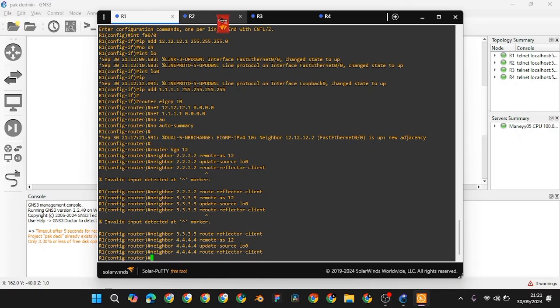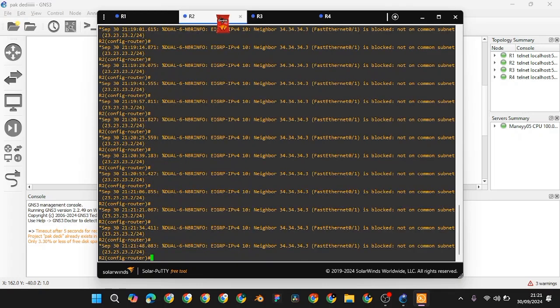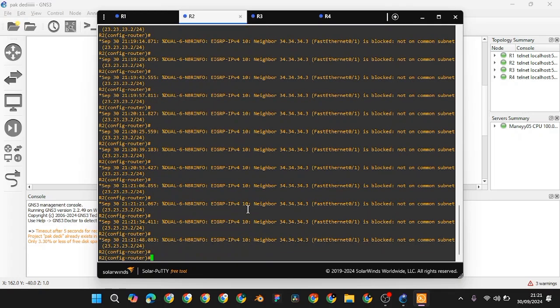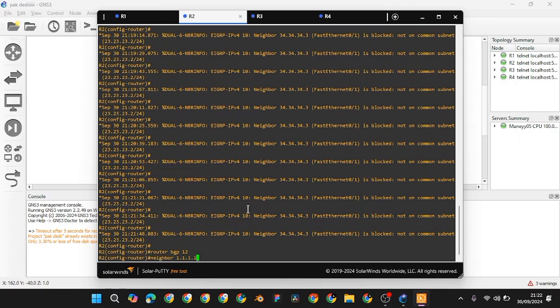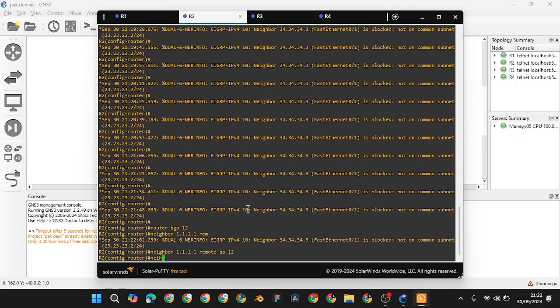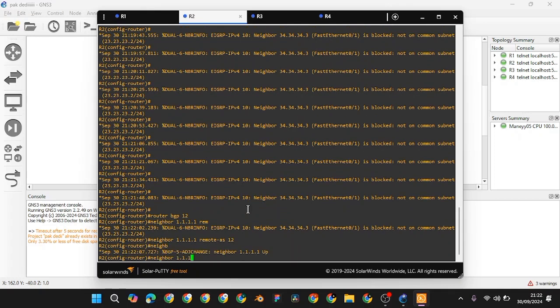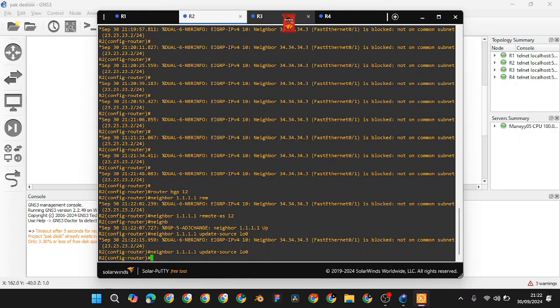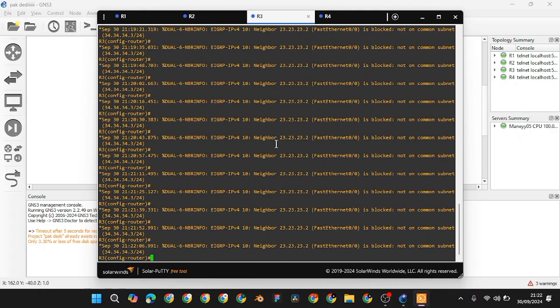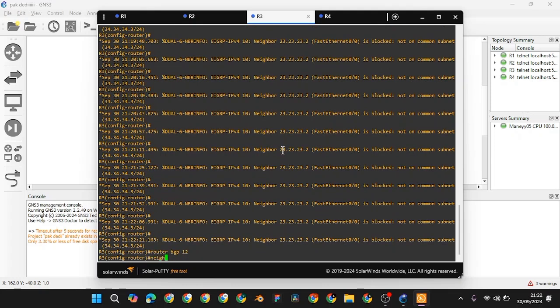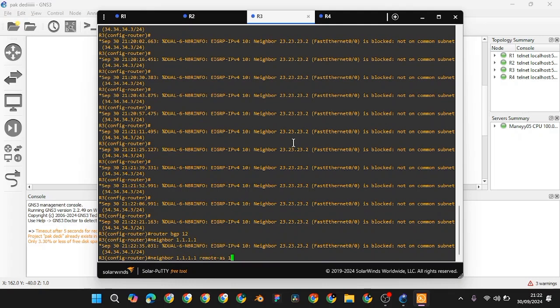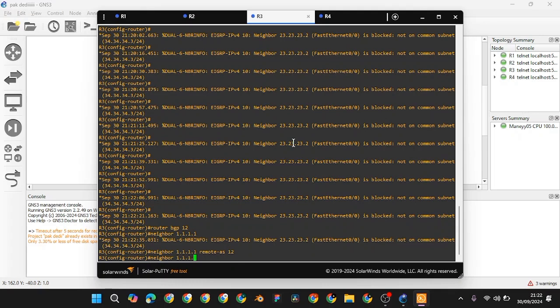For the second, third, and fourth routers, the config is exactly the same. So router BGP 12, neighbor 1.1.1.1 remote-as 12, neighbor 1.1.1.1 update-source lo0. It's exactly the same for the third and fourth routers, so just copy your own work.